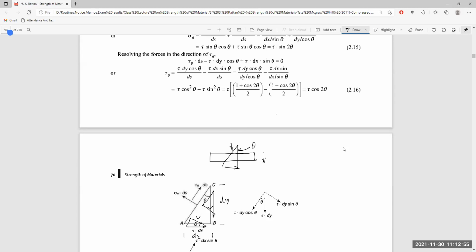And here tau dx sin theta. Here this is theta, and here this is theta.